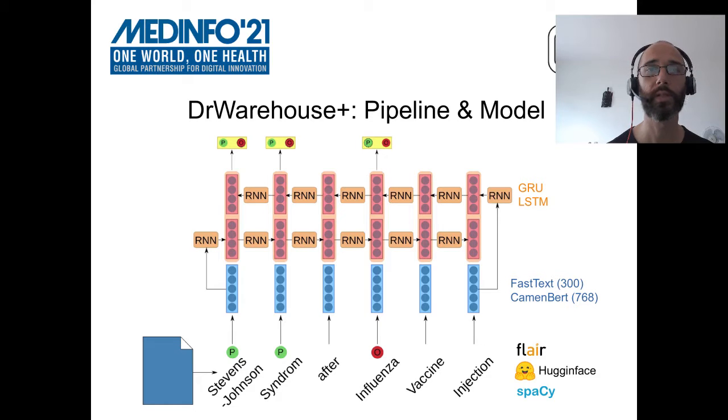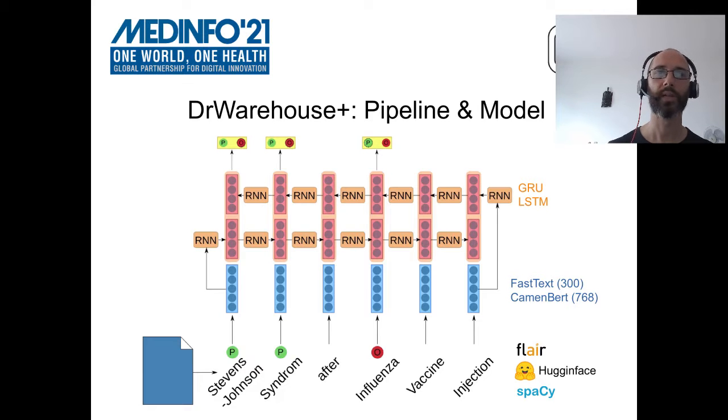So our model is done in the following way. We first start a pipeline by doing tokenization. So we divide our clinical reports into tokens, roughly words, using the spaCy library and a French model of this library.